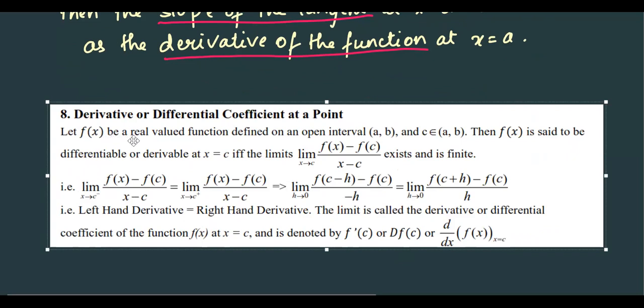Let f of x be a real valued function defined on an open interval AB, and C belongs to AB. Then f is said to be differentiable or derivable at C if the limit of f of x minus f of C by x minus C exists and is finite.